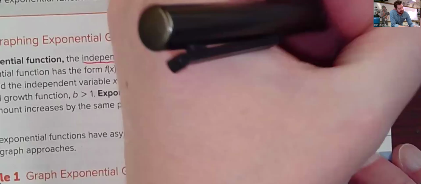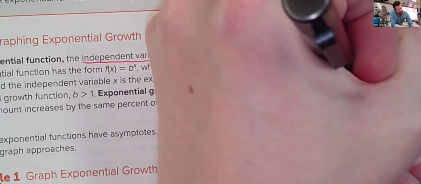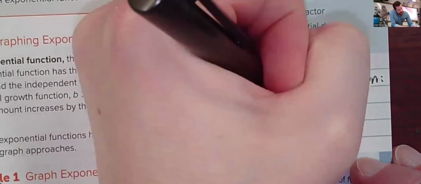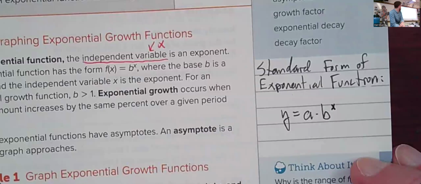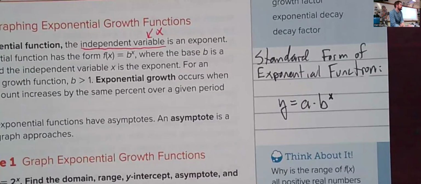I'm just going to go with exponential function. Standard form of an exponential function. And that is going to be y equals a times b to the x. A times b to the x.